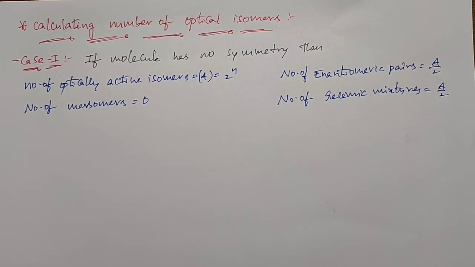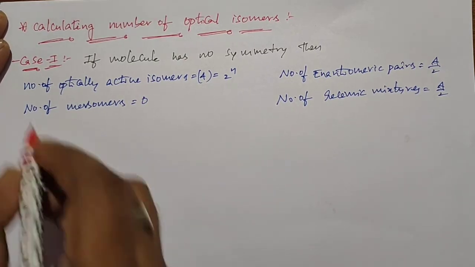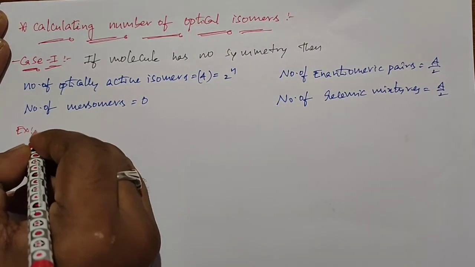For an unsymmetric molecule, the number of mesomeric forms, or mesomers, is equal to 0.